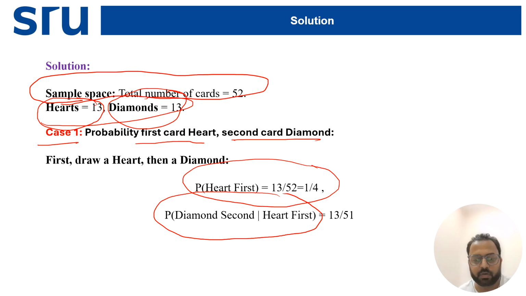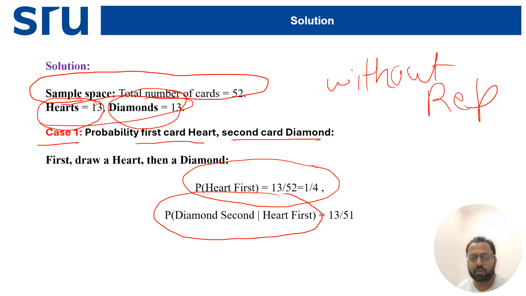We have already drawn a heart, and one point is given in the problem: without replacement. So we are not putting this heart card back into the deck of cards.